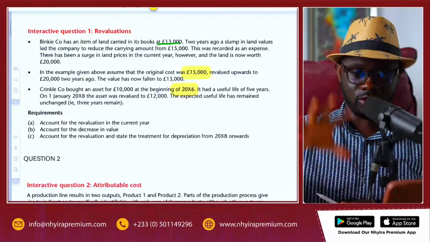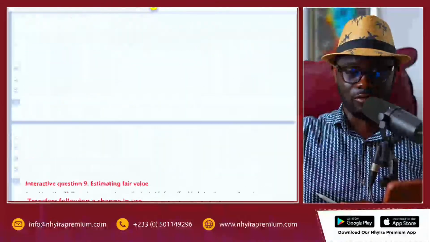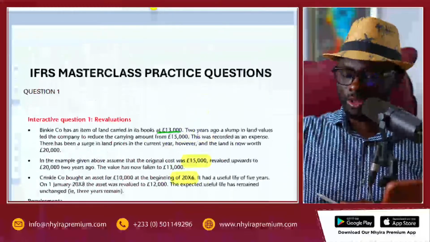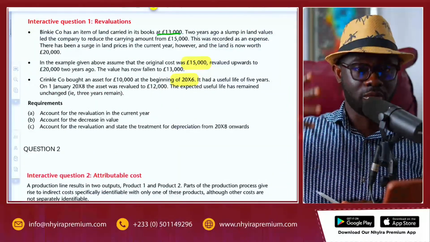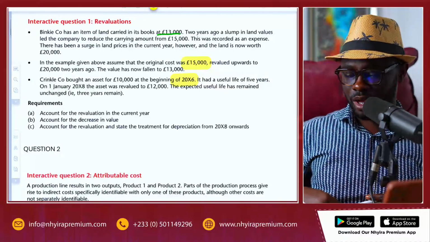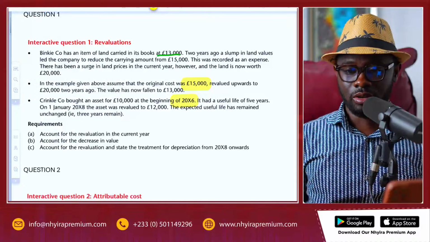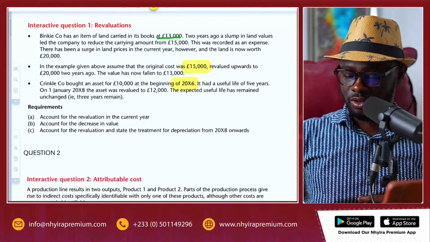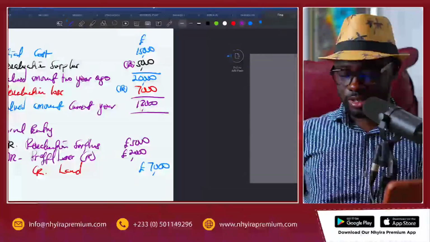So that's where we are picking these questions from. And we have a ton of questions here that we're going to be going through throughout this masterclass. That is the source document for some of these questions that we are bringing up from the Institute of Chartered Accountants in England and Wales corporate reporting and audit manual.